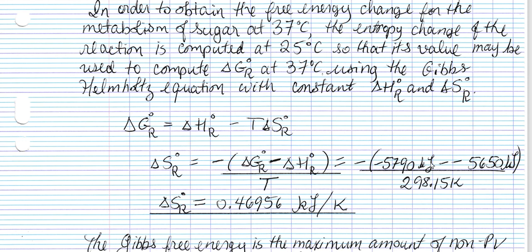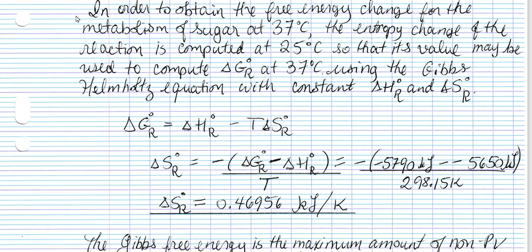When those values given in the problem statement are substituted at the temperature of 298.15 K, the delta S of the reaction is found to be 0.46956 kilojoules per Kelvin.